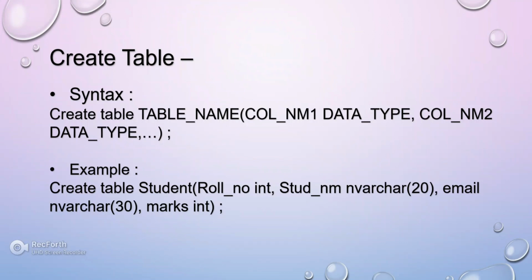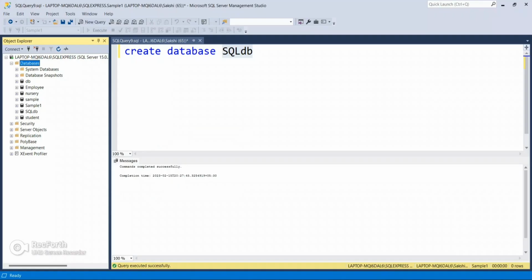And here 20. 20 is a size. That means a student name of maximum 20 size. Then email. Email is also a column name. Nvarchar is the data type of email column. And size is here 30. Then marks. Marks is a column name and int is a data type.